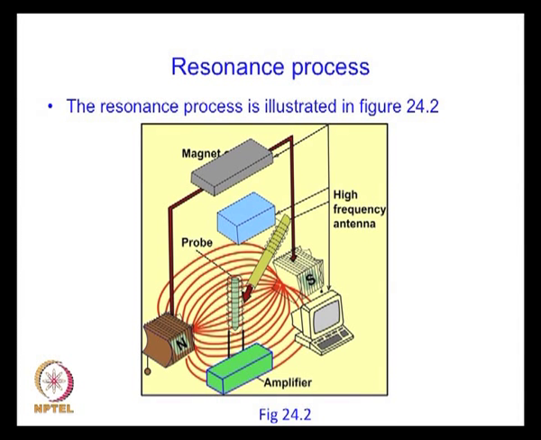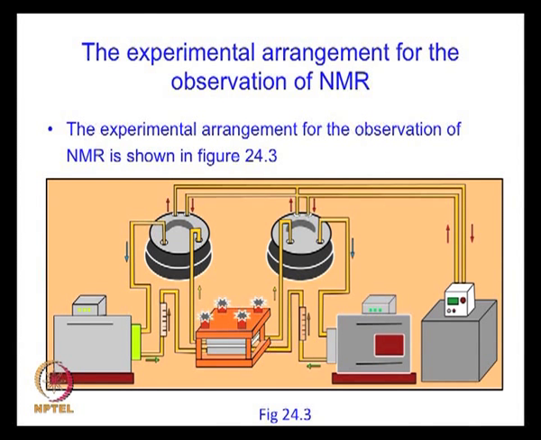Then there is a high frequency antenna which couples the alternating magnetic field to this spin system, and you can sweep either the magnetic field or the frequency of the oscillator, so that the resonance takes place, and the resonance absorption from the oscillator is coupled as a signal into an amplifier and then displayed. So, that is the basic schematic of the resonant process.